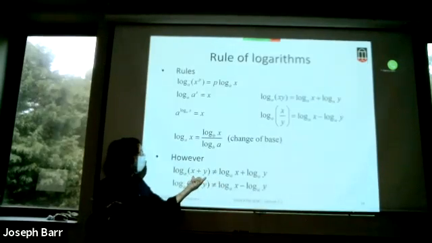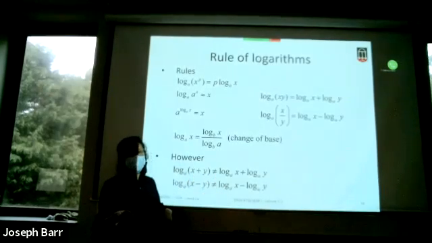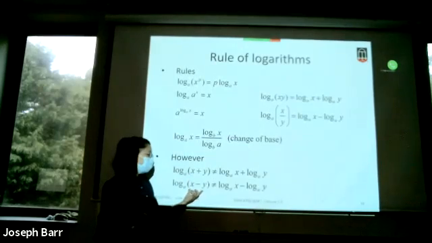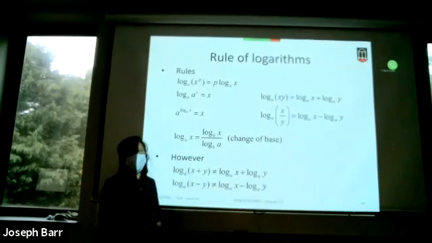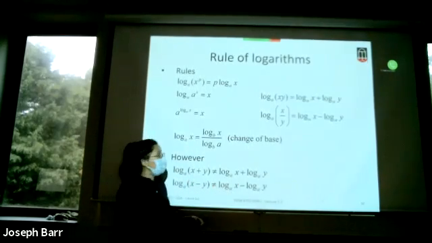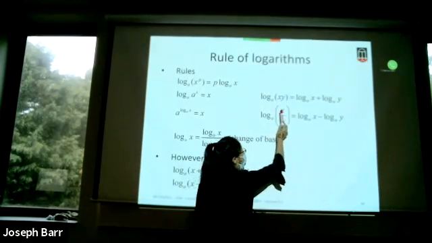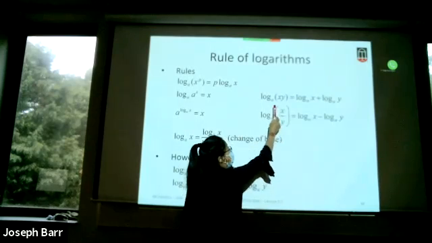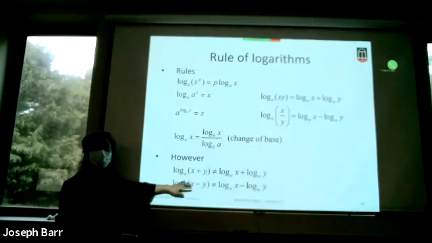You cannot just divide the sum into these two logarithms. Same thing. Log of the difference of these two is not the difference between these two logarithms. But for ratio, it's correct. Division becomes subtraction, so product becomes summation, but not these two.